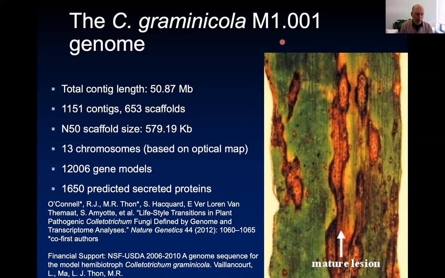If you don't know what PacBio is, it's a sequencing technology that produces very long reads, up to tens of kilobases in length, and that really helps to make long scaffolds. And in fact, now I think we have 20 scaffolds instead of 653. Several of those actually are telomere to telomere sequences. So we have complete chromosome sequences, at least for some of the chromosomes.